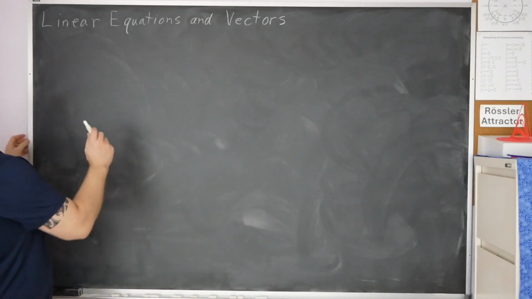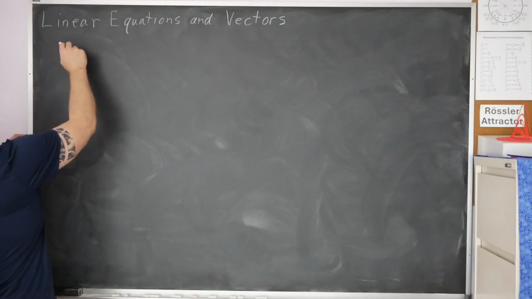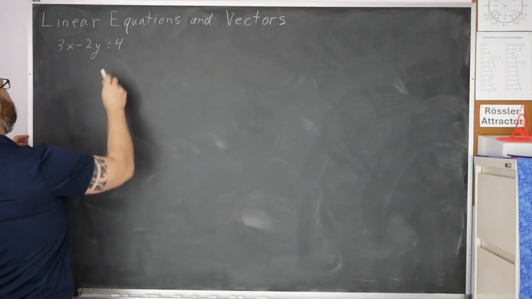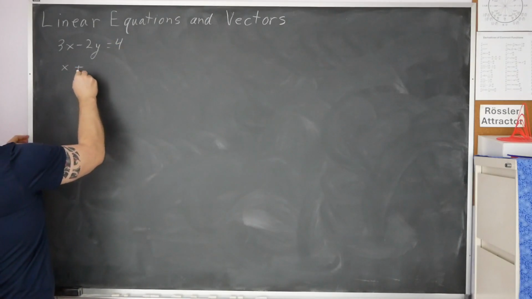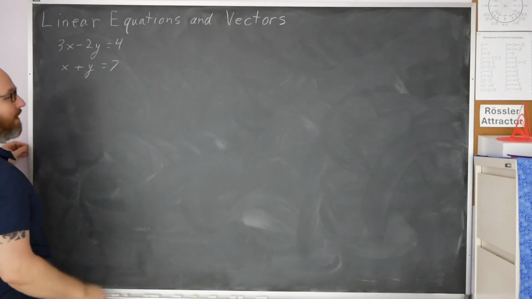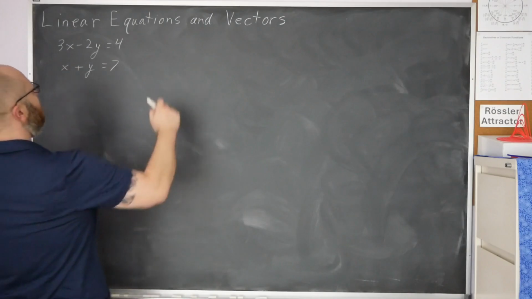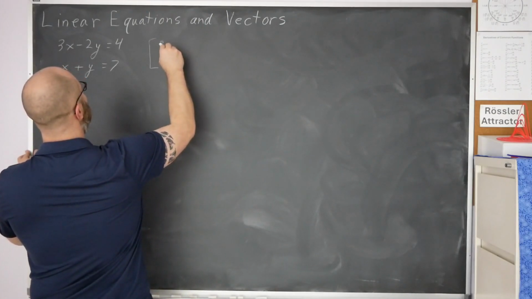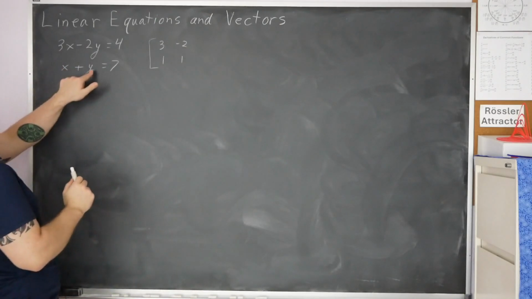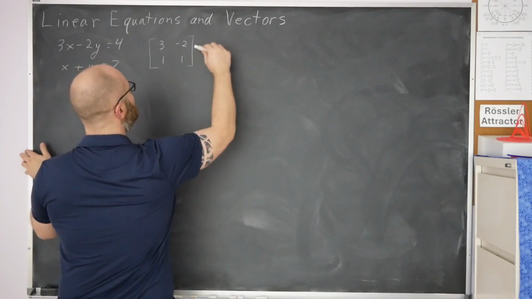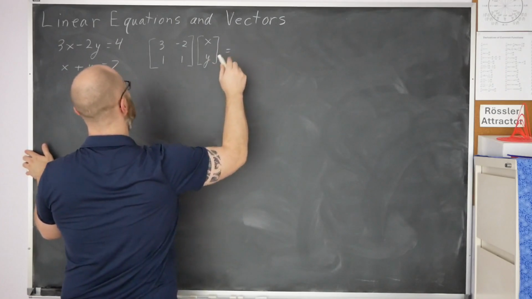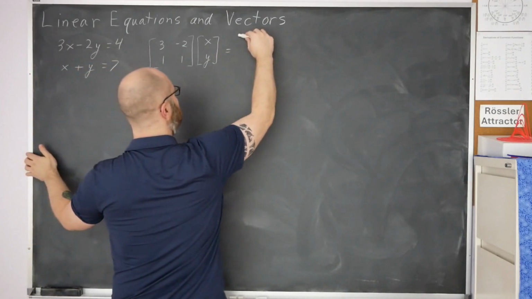So what I mean by that is if I have, let's say, 3x minus 2y equals 4, and I have x plus y equals 7, I can write that as a matrix equation as [3, -2; 1, 1] times the vector x, y equals vector 4, 7.